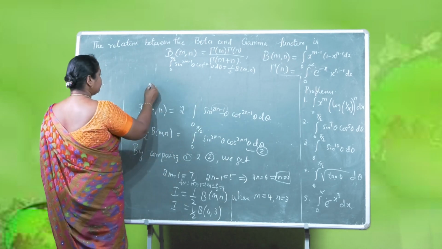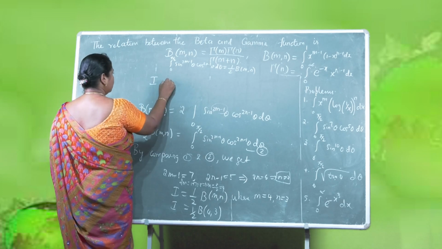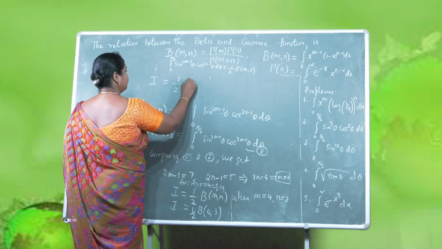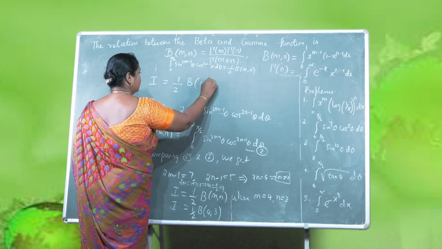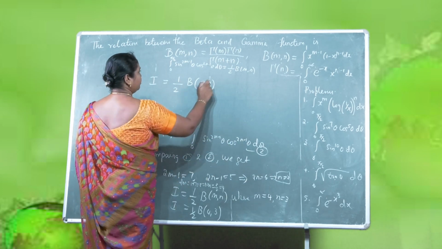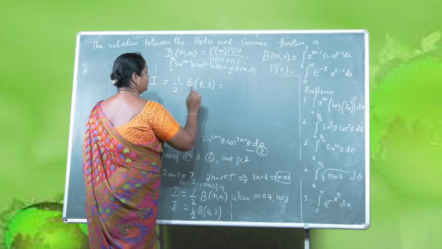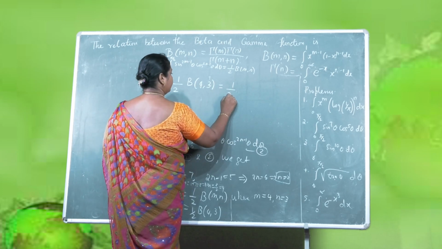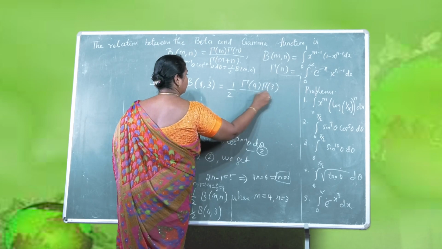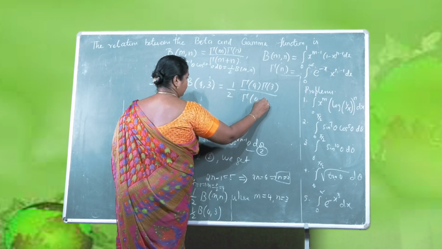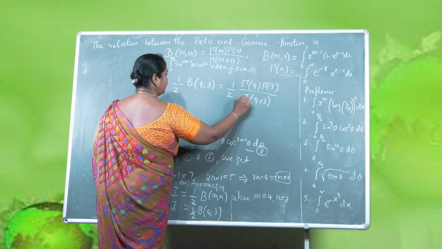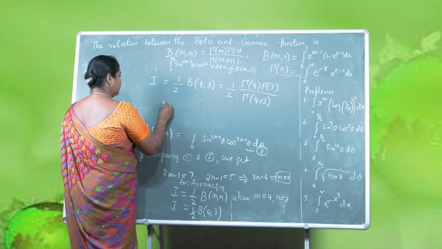So now I is equal to 1 by 2 times beta of 4 comma 3. By using this relation, this is nothing but gamma 4 gamma of 3 divided by gamma of 4 plus 3.